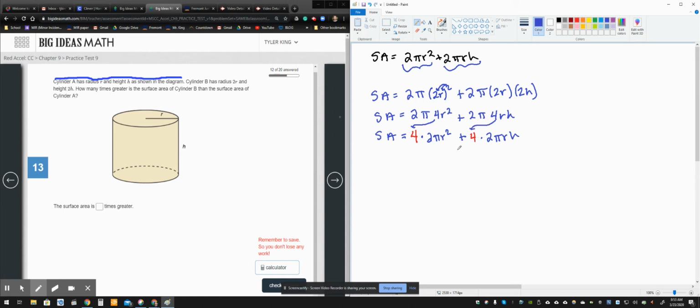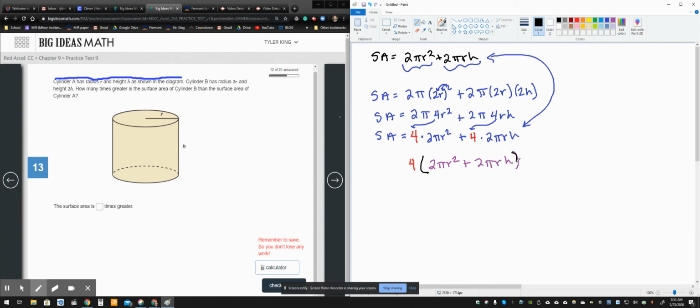Okay, now at this point you should be able to say, oh, this means that I know what my answer is going to be. Because if I'm comparing this to this, I can see how many times greater it is right off the bat. If we can't see that, then we should understand that we can factor out that 4, and then times that by 2 pi r squared plus 2 pi r h on the inside.